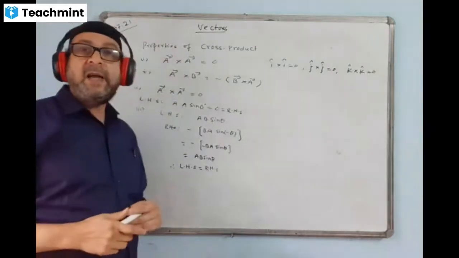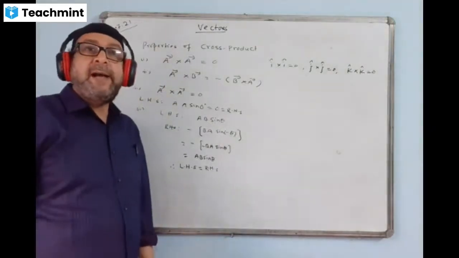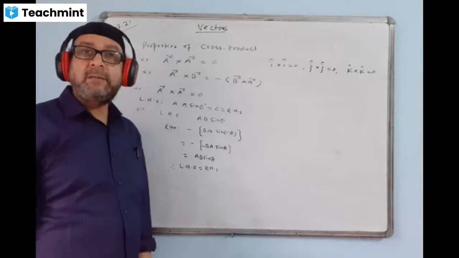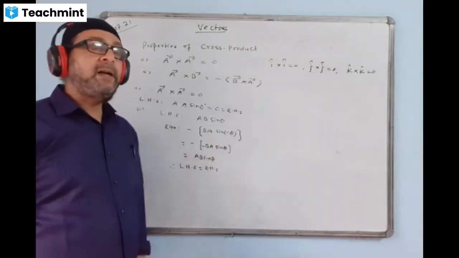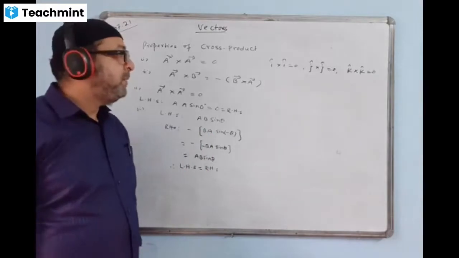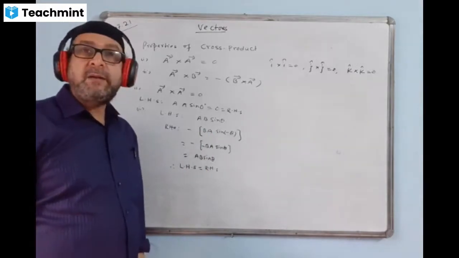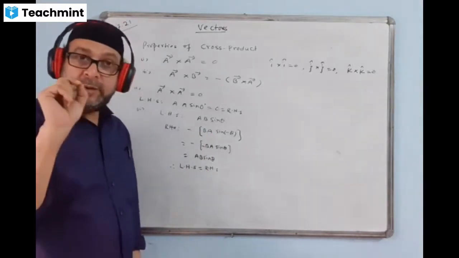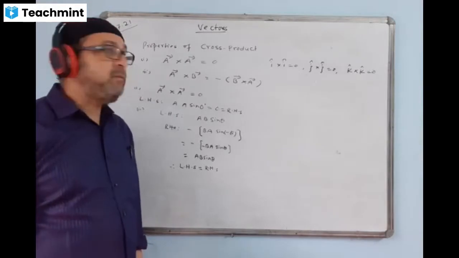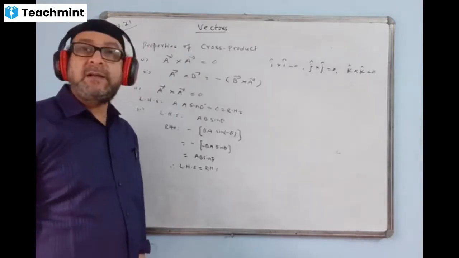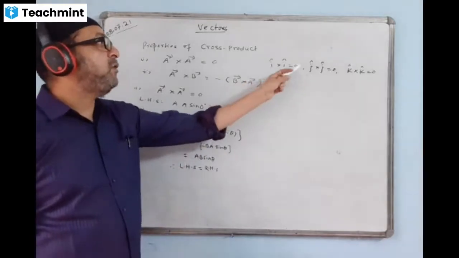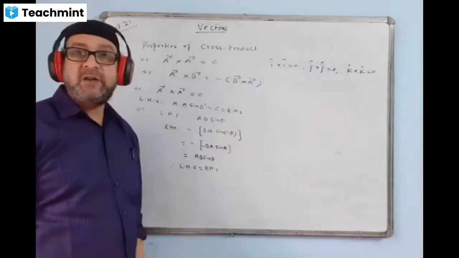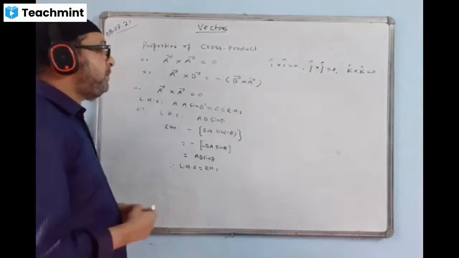It is unlike the dot product. i dot i is the same as i square, and the value is 1. j dot j is j square, so the answer is 1. k dot k, the answer is 1. But here it is not the same way. i cross i is 0, j cross j is 0, k cross k is 0.